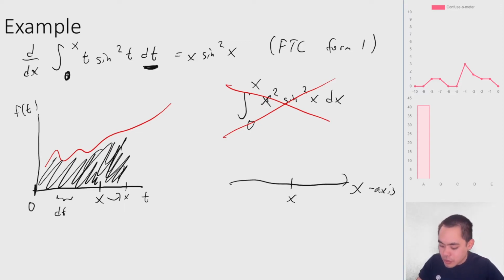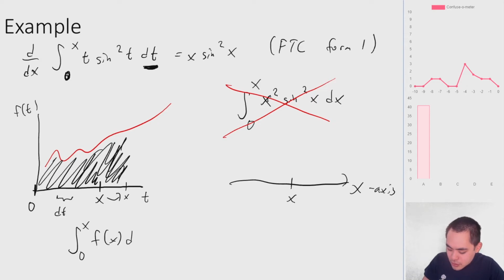Let me write it out a little more clearly. Remember, when you have the integral from 0 to x of some function f of t dt, if the antiderivative of f is some function g, then this is equal to g of x minus g of 0.